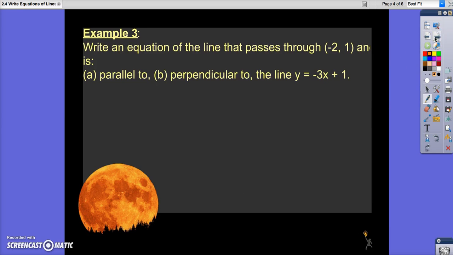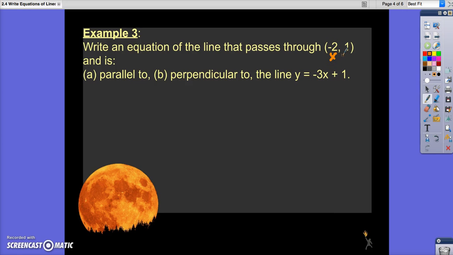Okay, so let's continue on here. And the next one, now I'm going to add a little extra. We're going to talk about parallel and perpendicular. And I give you an equation to determine the slope. It says write an equation of the line that passes through negative 2, 1 and is A parallel to, B perpendicular to. But first things first, you have an x and y.